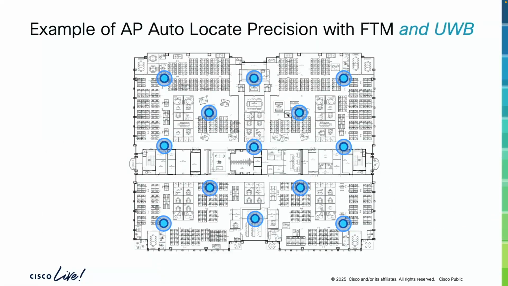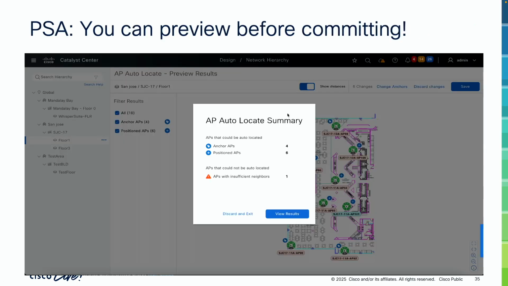This is what it looks like with ultra wideband. So much, much smaller circles, much more accurate, consistent results. We're seeing about 95% of results better than 2 meters accuracy and quite a bit better than 1 meter accuracy as well. And that's a big improvement from FTM. Pull me aside offline, and I'd be happy to share some more details on it.